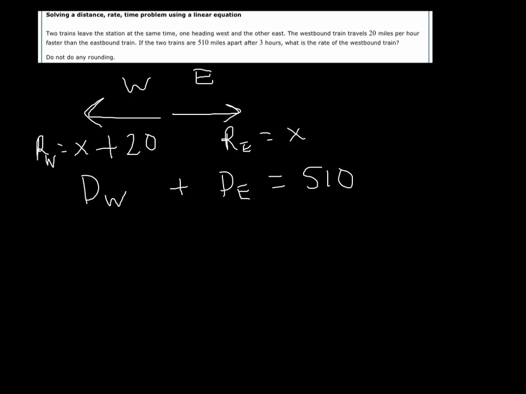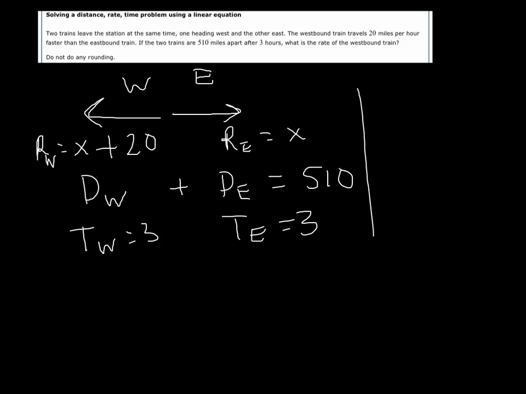And then it says they were 510 miles apart after 3 hours, which means that the time for the west was 3 hours and the time for the east was 3 hours. Now, I need to find out what is the rate of the westbound train. So after I create an equation and solve for x, I have to add 20 because that is over here on the left.